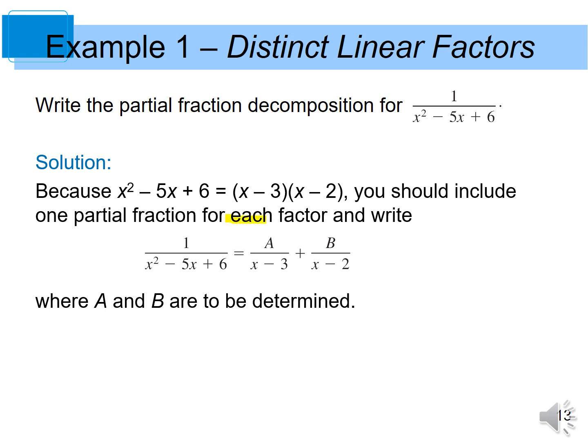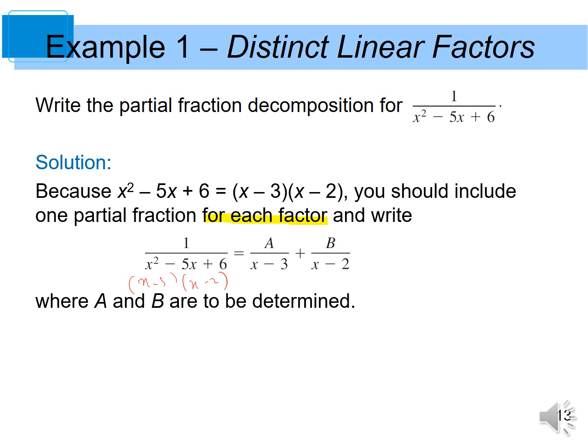Look at this statement: one partial fraction for each factor. For this quadratic expression, we have two factors, x minus 3 and x minus 2. The first factor is a linear factor, so you refer to the previous page, the guideline, the third step.